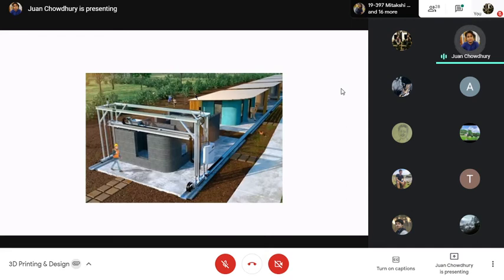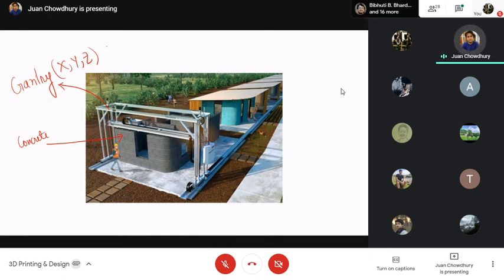Now this example over here is somewhat different. The material that is being used is nothing but concrete. And instead of a robot, we are using something called a gantry. Okay, this is the simplest form of XYZ stage. I would not call it a robot, but of course, an XYZ stage robot that was available right from the beginning.